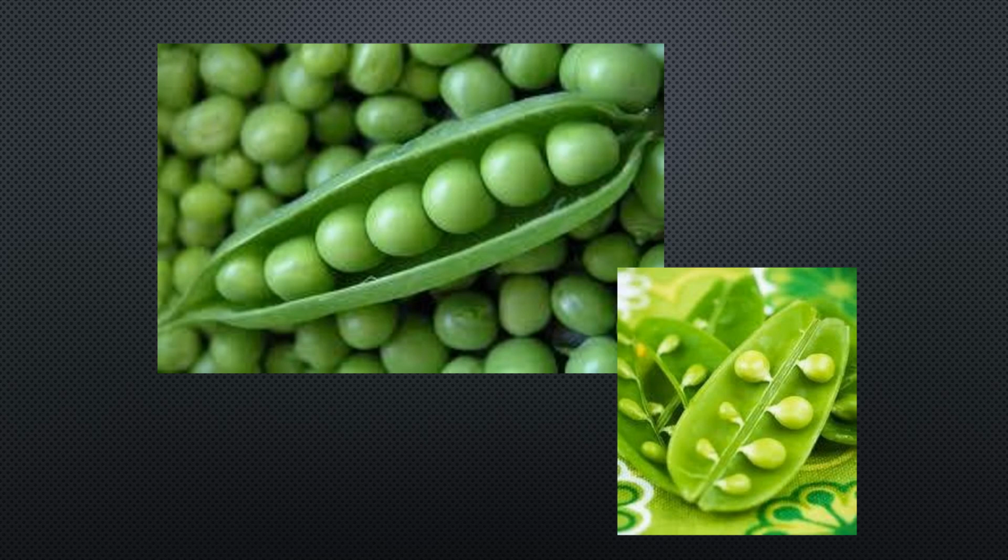Of course, when it does, each one of these is a baby pea. It comes from the fertilization. And each one of these can then be planted and grown to adult plants with a variety of traits that we can then analyze.